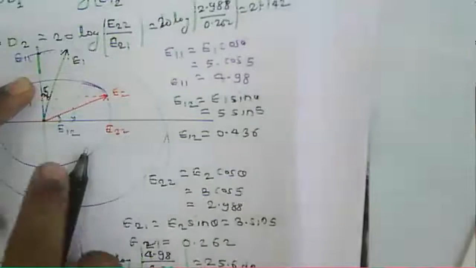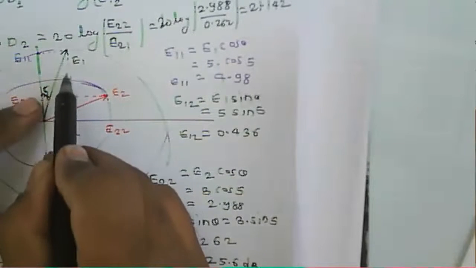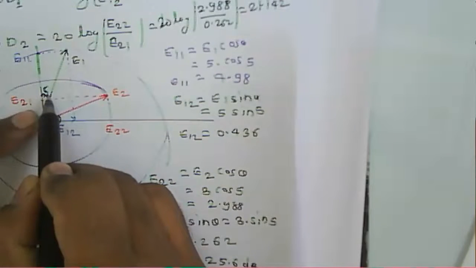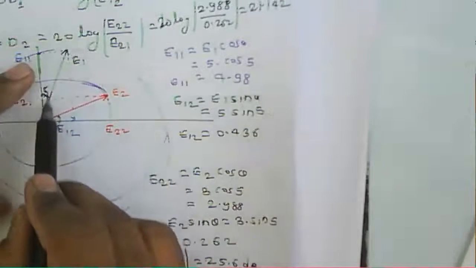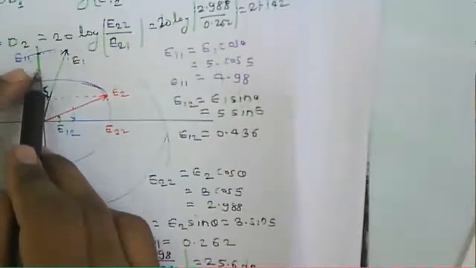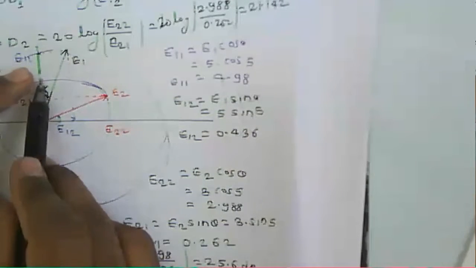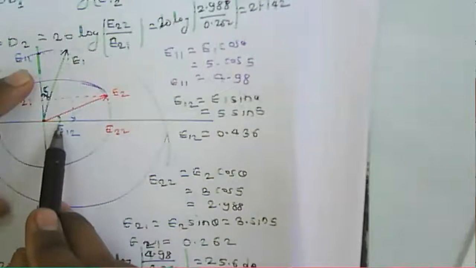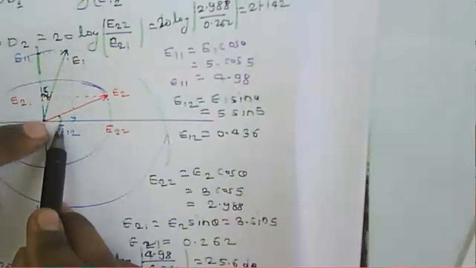Okay, so this E1 makes an angle theta that is 5 degree. So E1 has E11 and E12. E11 is equal to E1 cos of theta, and E12 is equal to E1 sine of theta.